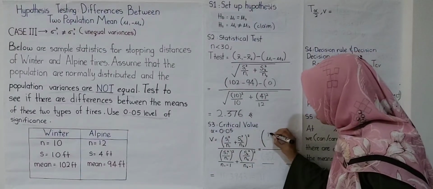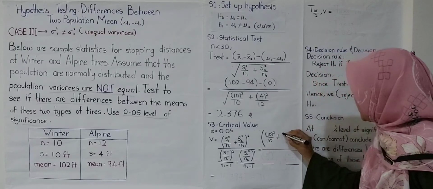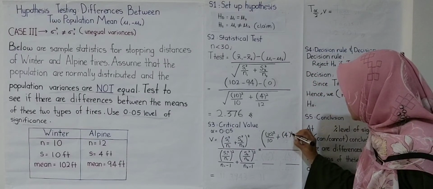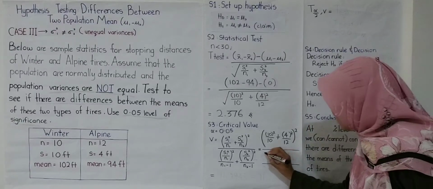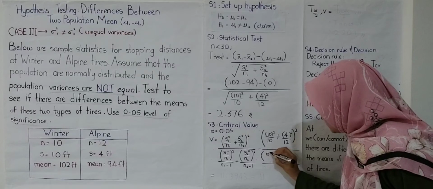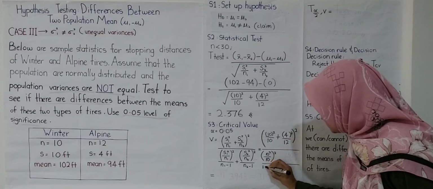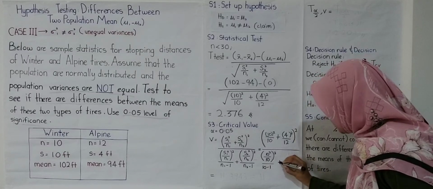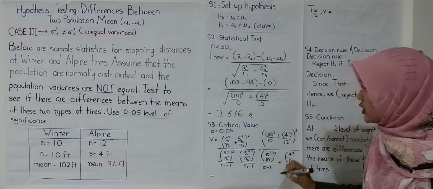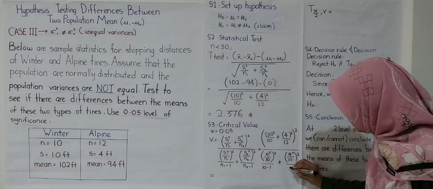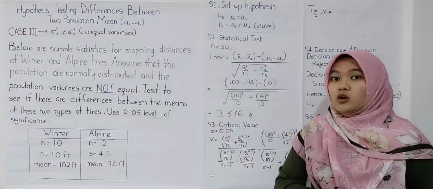So now we also need to just substitute into the formula. Standard deviation 1, 10 squared over 10, and 4 squared over 12, squared. Then 10 squared over 10, squared, over 10 minus 1, plus 4 squared over 12, squared, over 12 minus 1. After you substitute, use the calculator to find the answer.